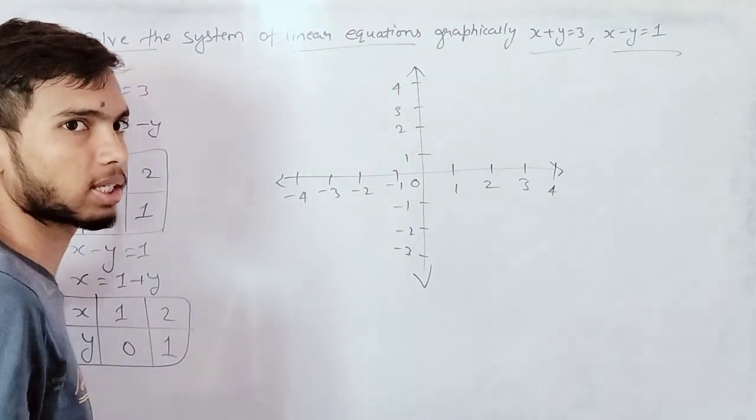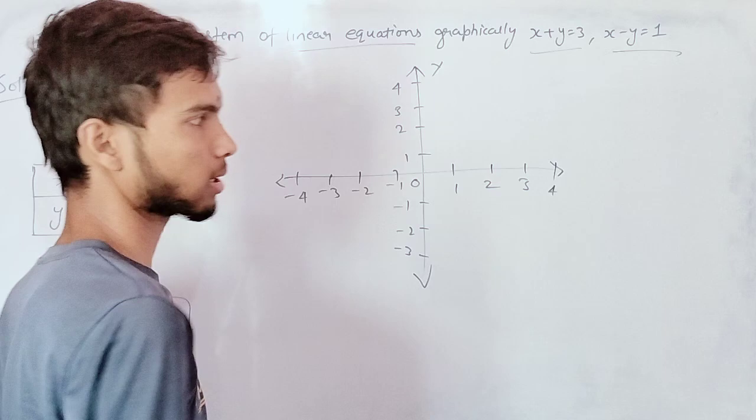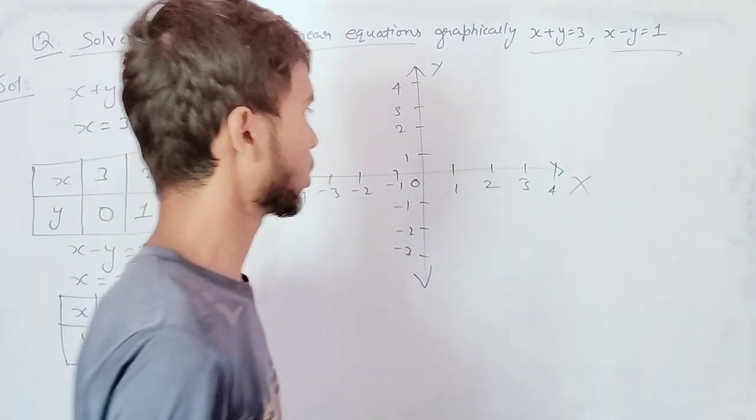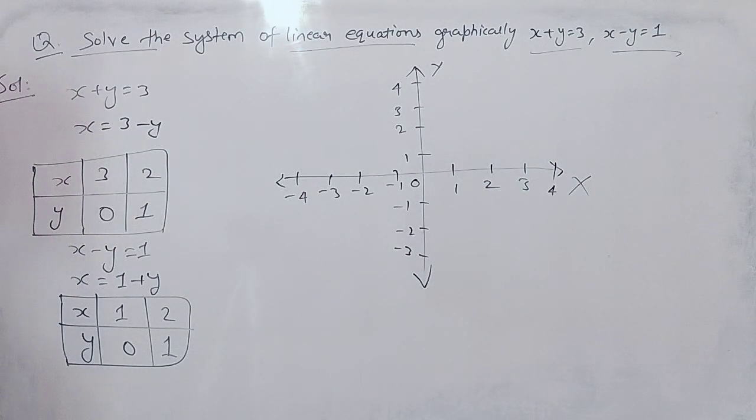This vertical line is considered as the y-axis, and this horizontal line is considered as the x-axis, as you know. Here it is a graph of coordinate geometry.